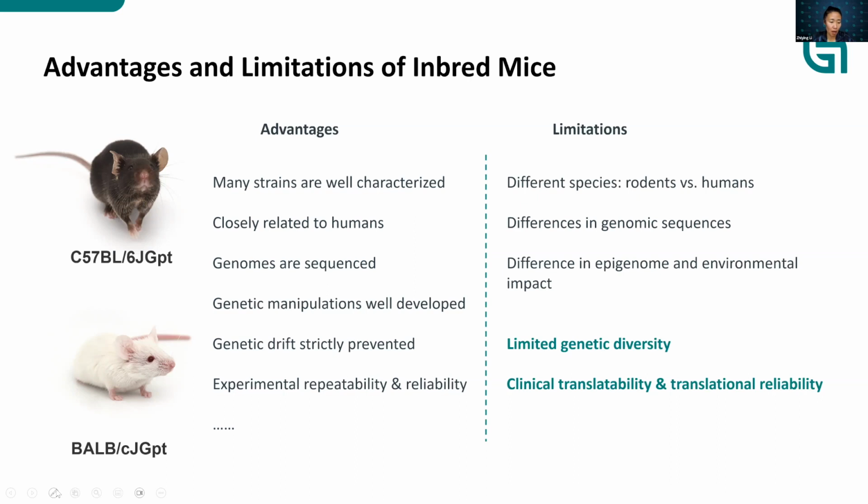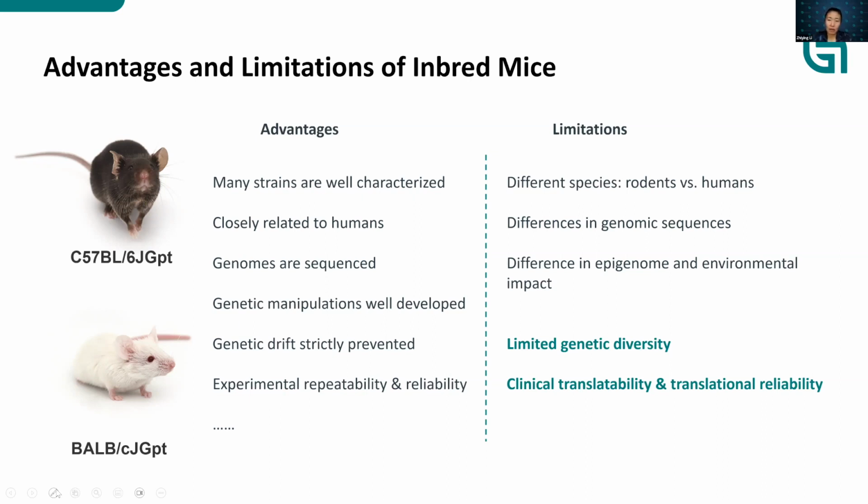So for us biologists, who fundamentally want to understand human biology, they're a tool. They're still different from human beings. There are genetic and genomic differences between different species of the mice, and from species to species. And then the epigenome as well as environmental impact on the genetic information is another big factor.